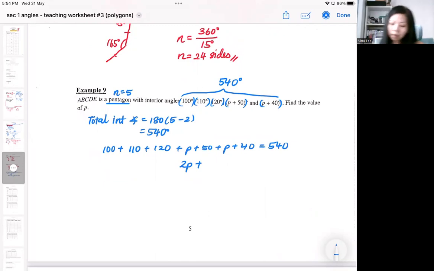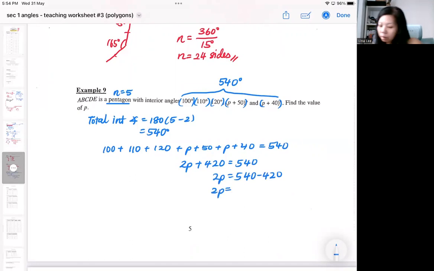And then you do what your algebra is telling you to do. Your algebra technique will tell you that you should subtract 420 on both sides. Go ahead and subtract 420. And from there, you divide by 2. So you get P equal to 60.